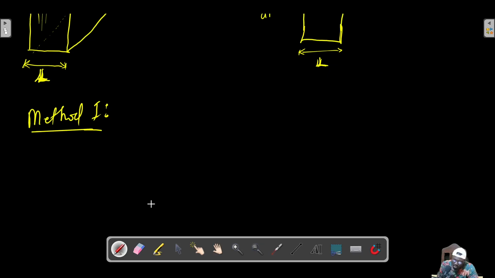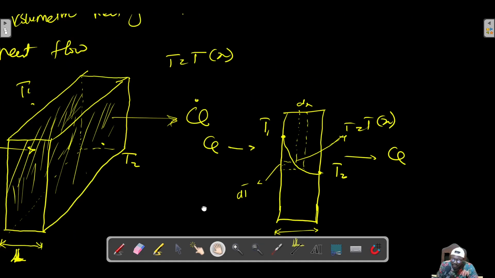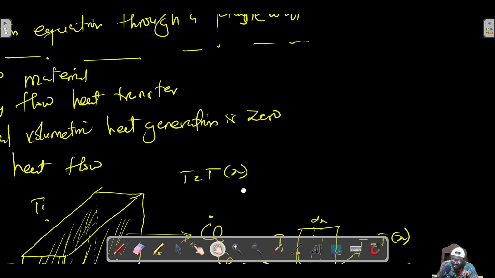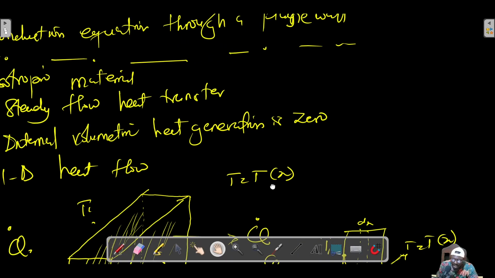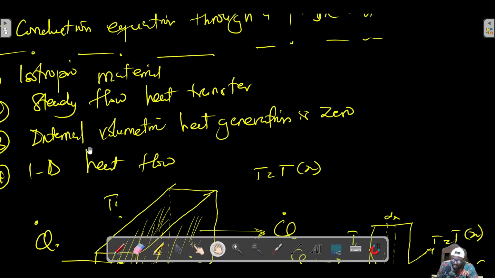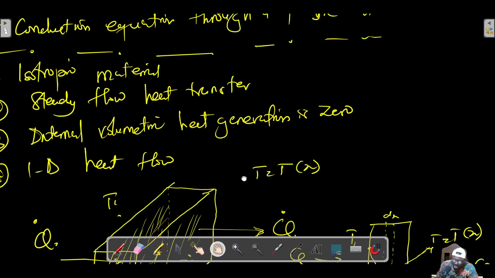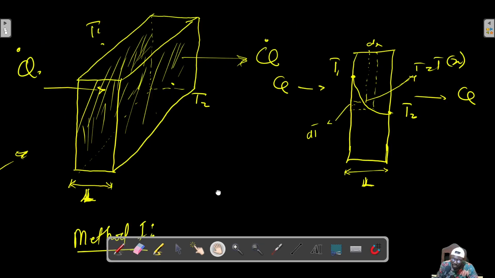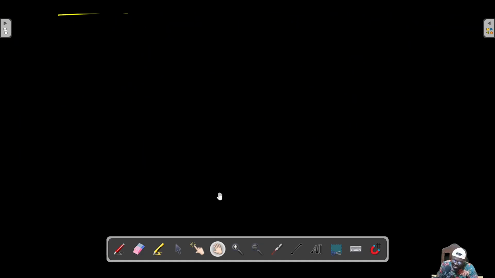So we've been given certain assumptions. We're told that one, we have a steady flow state. That is one. We have an isotropic material. We have internal volumetric heat generation of 0. And we also have one-dimensional heat flow. So let us do the analysis.